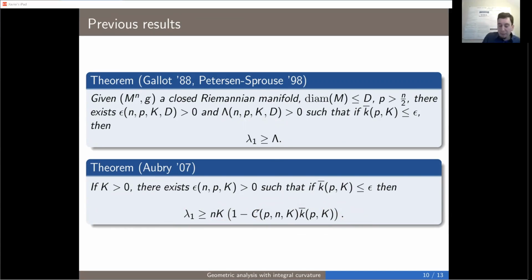So in particular, if the amount of integral curvature is small, then you almost have the sharp estimate. And in the limit where this is 0, so if you have a pointwise lower bound, the Ricci curvature is bounded below by (n-1)k, remember that then this k bar is 0, and so this quantity wouldn't be there, and you would recover the estimate of Lichnerowicz. So that's lambda 1 is bigger or equal than nk.